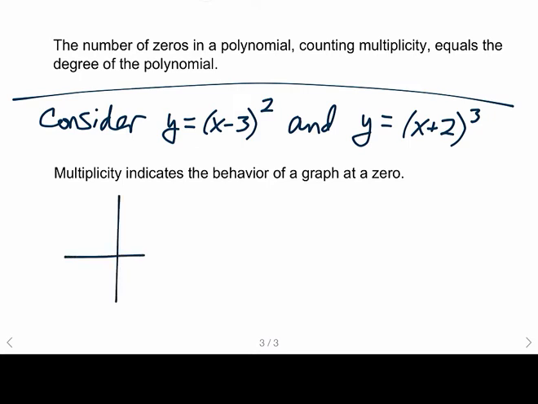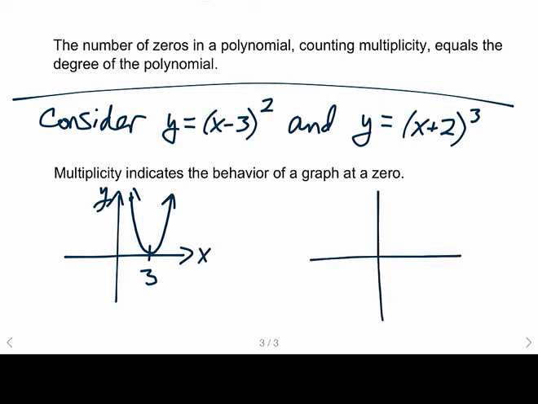So, y equals x minus 3, the quantity squared, would be a parabola whose vertex is at 3, 0. And y equals x plus 2, the quantity cubed, is a cubic function with the wiggly part at negative 2, 0. Let me just label the axes real quick because the little voices are telling me I have to.